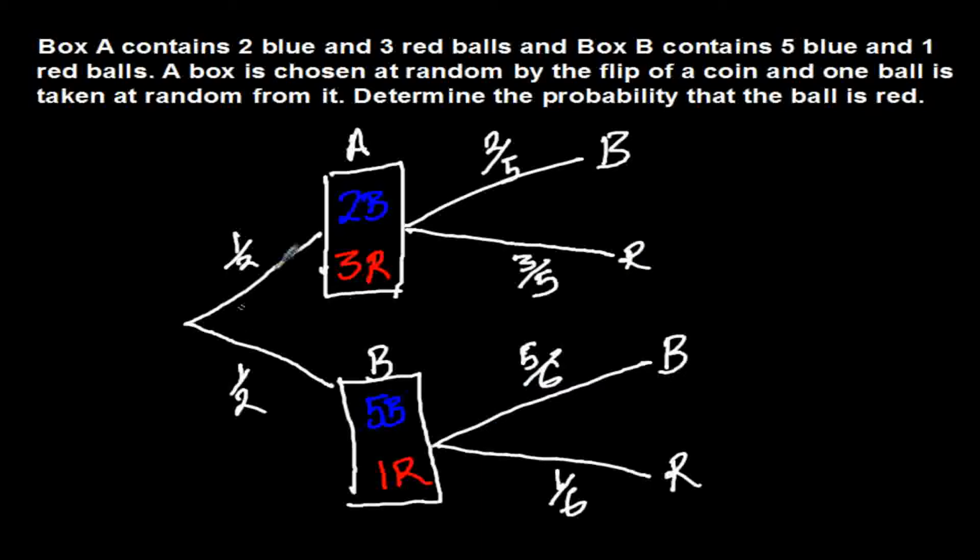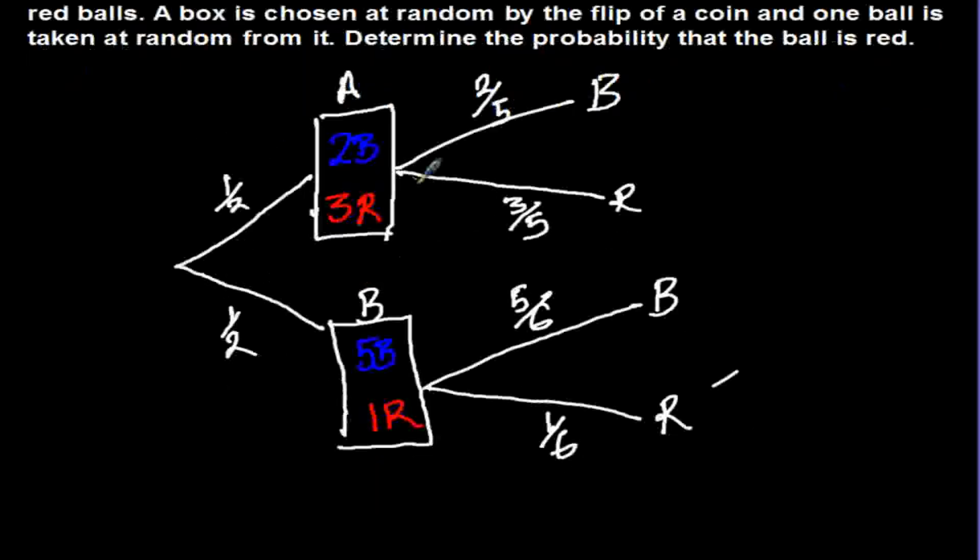We can get either a red ball from bag A or a red ball from bag B. So for the red ball from bag A, that is, having selected bag A, which is a half, you then select a red ball, and the red ball is 3 out of 5.